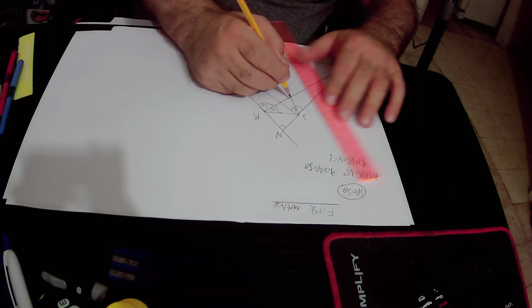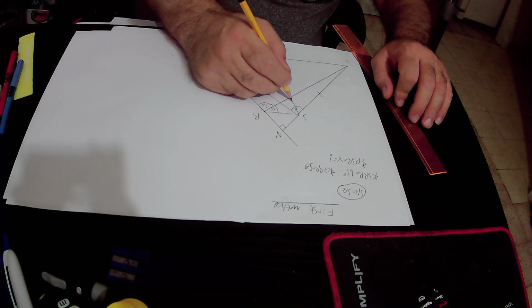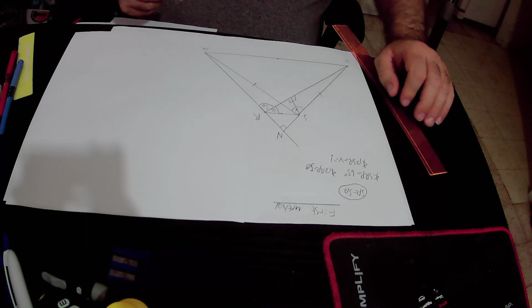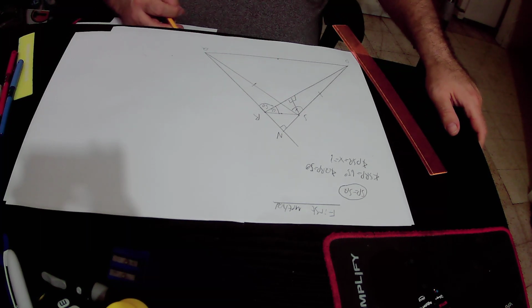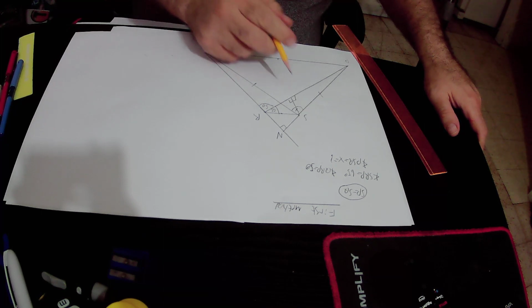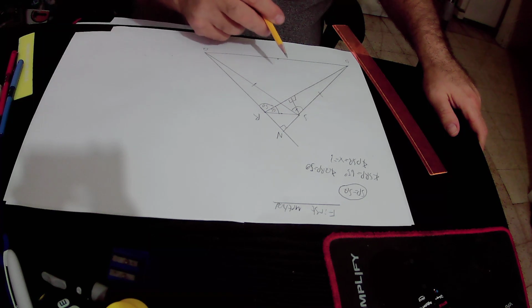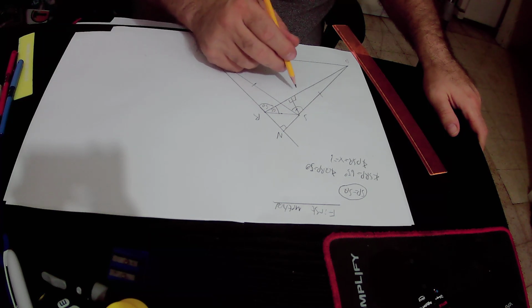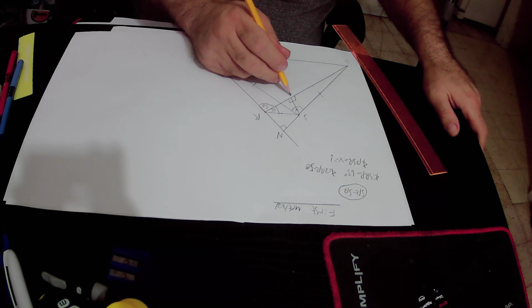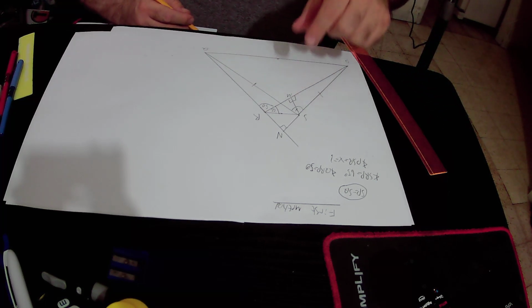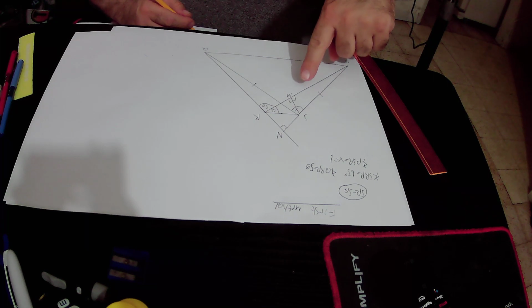So actually this angle is a right angle, it equals 90 degrees, and also this angle is a right angle that equals 90 degrees. We will define the touching point between the perpendicular from point S to PR as point M.